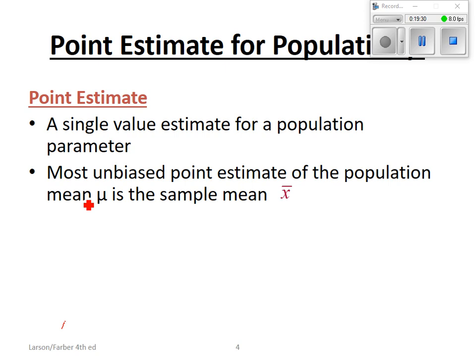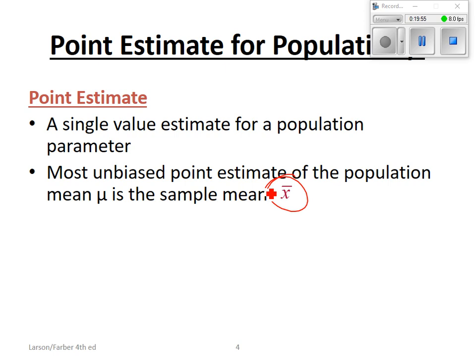I'm going to go back over just a little bit of this real quick. Remember, your point estimate, you're estimating what some certain statistic is for the entire population. The one that we're dealing with right now is the mean. We could deal with other ones like standard deviation, we could deal with the variance and so on.